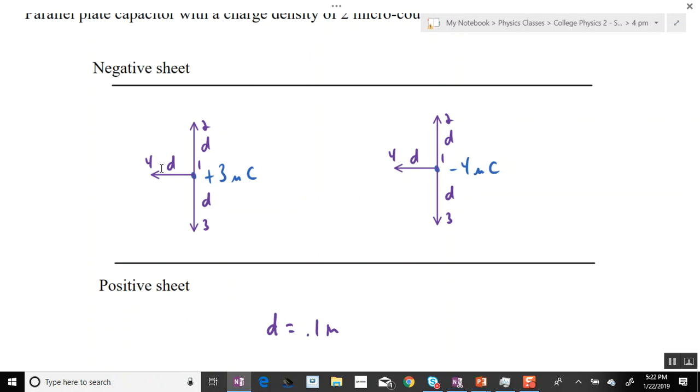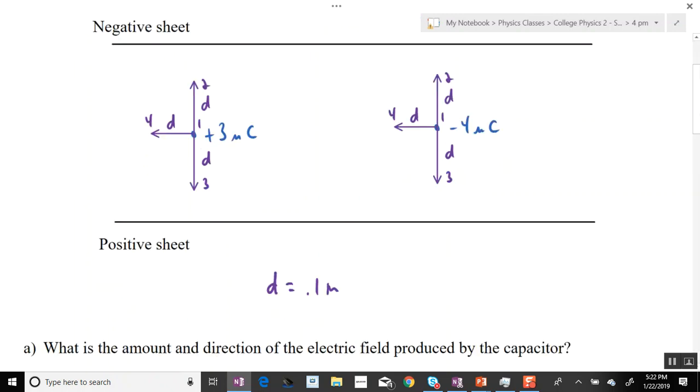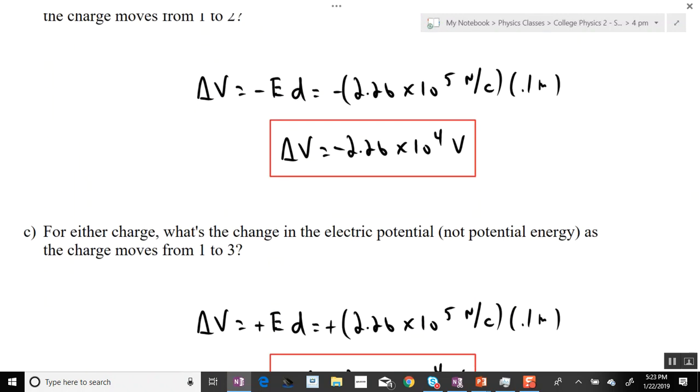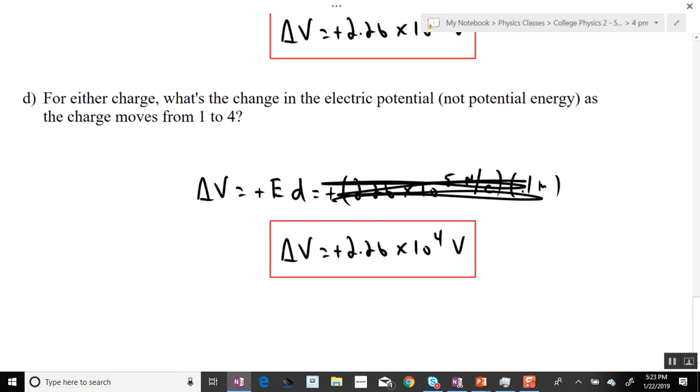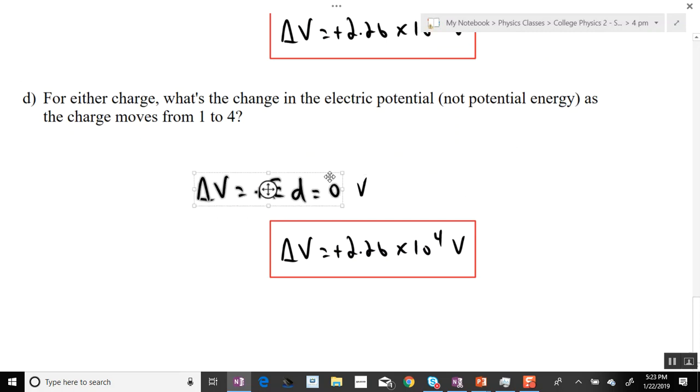The other way to think about it is you're going perpendicular to the field, right? Whenever you're going perpendicular to the field, the delta V is 0, right? So this is just 0, because the D is basically 0, right? You're not going towards or away from any sheet. All right, so does that make sense?